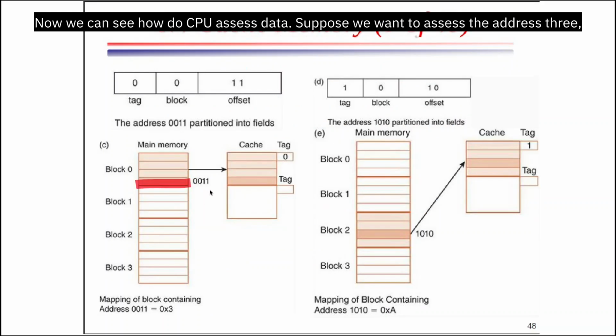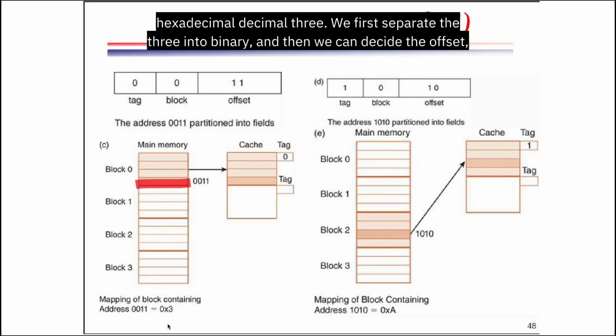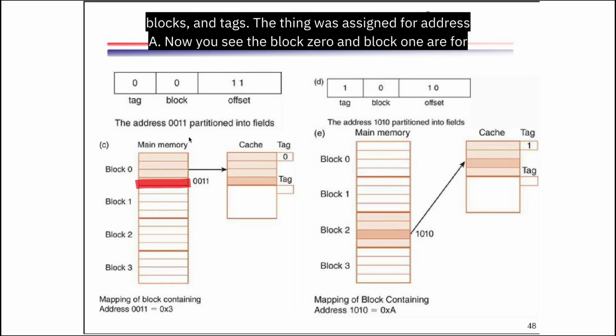Now we can see how the CPU accesses data. Suppose we want to access address 3, hexadecimal 3. We first convert the 3 into binary, and then we can decide the offset, block, and tag.